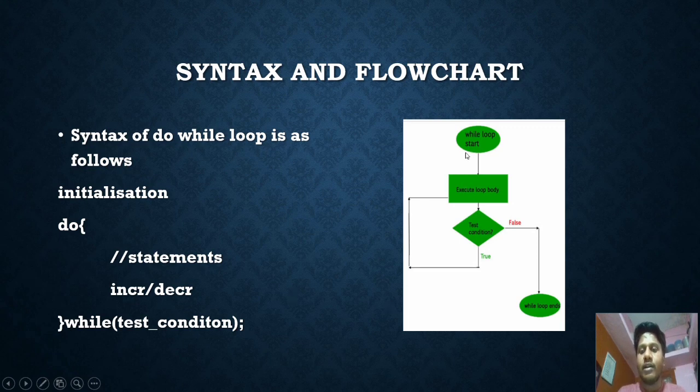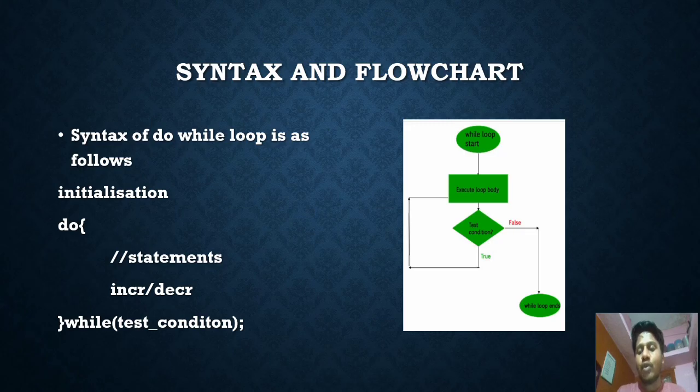Look here, the difference between this flowchart and the while flowchart is that there, first the condition came, then the loop body. Here, the loop starts, first it will execute the statement, then it will check the condition. If the condition is true, it will again execute the loop body, then again check the condition, and the same thing will happen until the condition becomes false. Once the condition becomes false, the loop ends. Clear with this? Okay, then we are going to write the program on the do while loop.